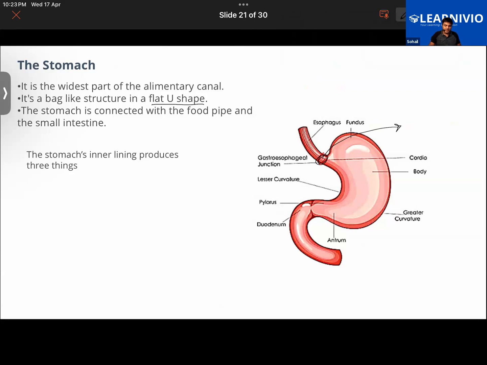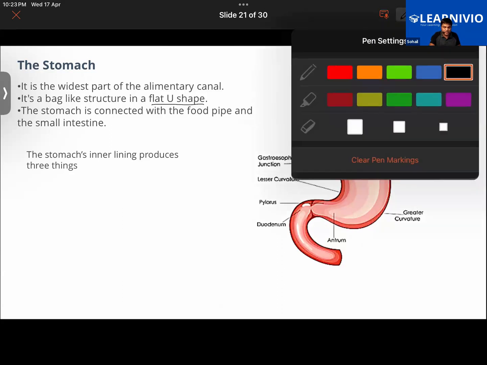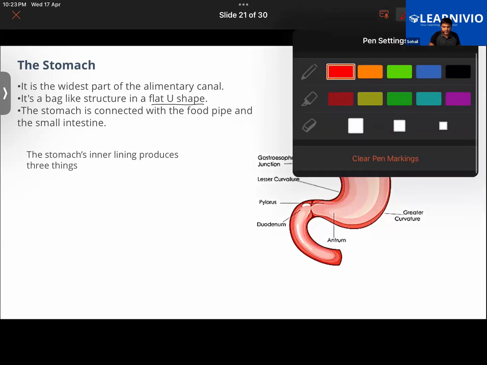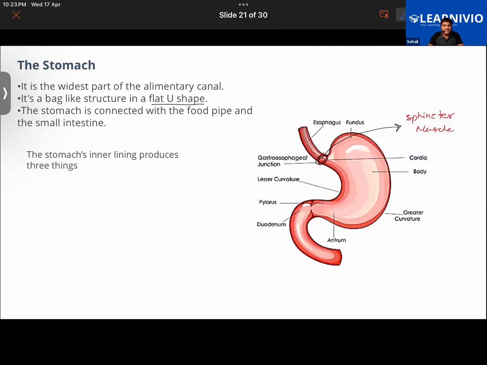So this normally does not happen. Why is it so? Because there's a very special kind of muscle found here. That muscle is called the sphincter muscle. Sphincter muscles are found at different places in our body. A sphincter muscle will allow the movement of something forward and then it will stop.